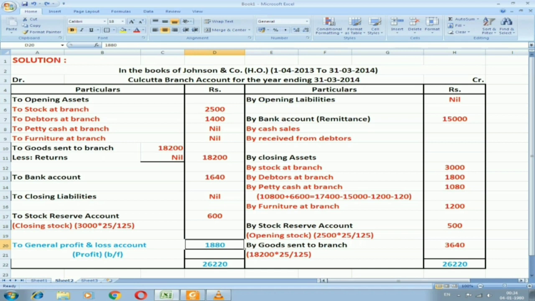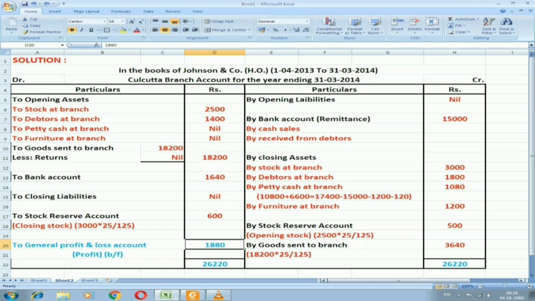On the credit side, we are going to do that for opening stock. Along with that, one more entry which is on goods sent to branch. So for that also we are going to apply that margin. The only reason why we need to enter these three more is to see how much profit is included on that stock as well as goods which is sent by the head office. So that is the reason we are going to find out this separately.